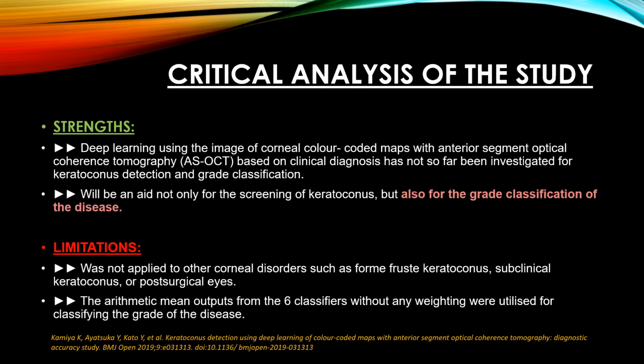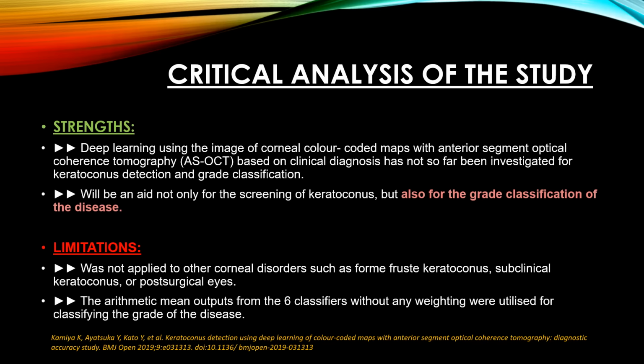So the critical analysis of the study here was that deep learning using the image of corneal color coded maps with anterior segment OCT based on clinical diagnosis has not so far been investigated for keratoconus detection and grade classification. It will be an aid not only for the screening but also for the grade classification of the disease, but the limitations were that it was not applied to other corneal disorders such as form fruste keratoconus.